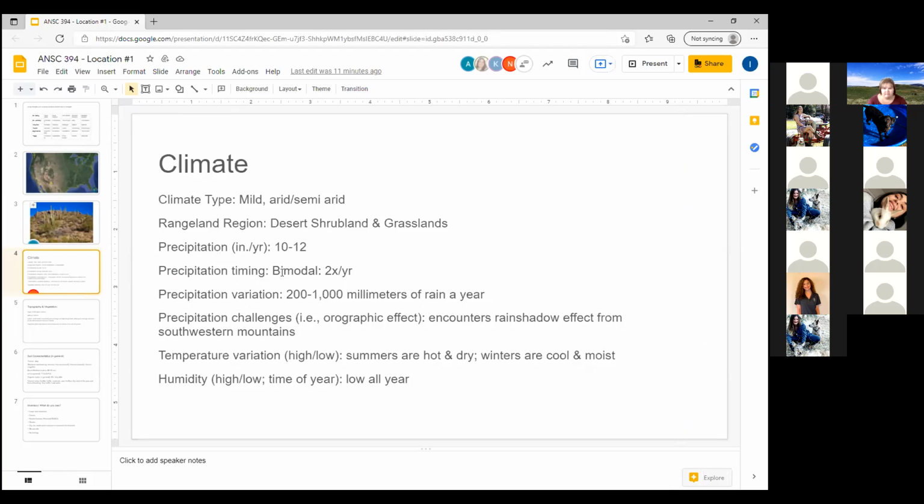Precipitation timing is bimodal, so 2 times per year, and the variation is between 200 and 1,000 millimeters of rain a year. Based on where the area is, it encounters the rain shadow effect from southwestern mountains. During the summers it's hot and dry, and winters are cool and moist. And it has low humidity.